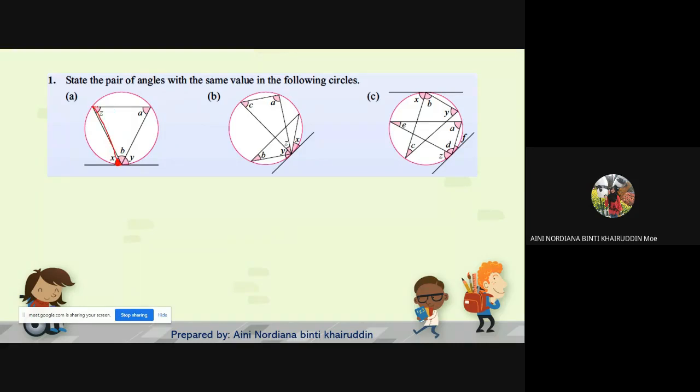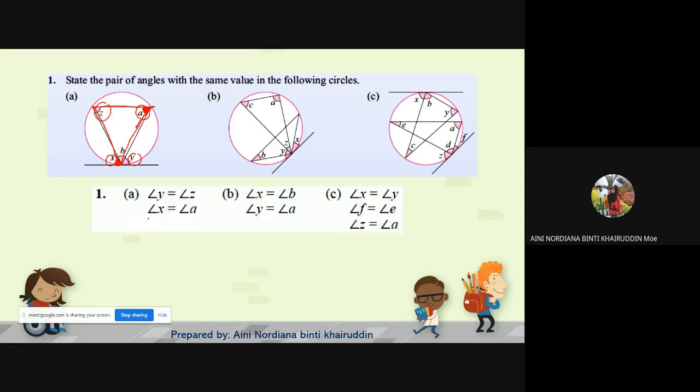Then, you look at the circumference. So angle at circumference here, same with X. So X equals to A. Y equals to Z. So this is the first two pairs for alternate segment for A.